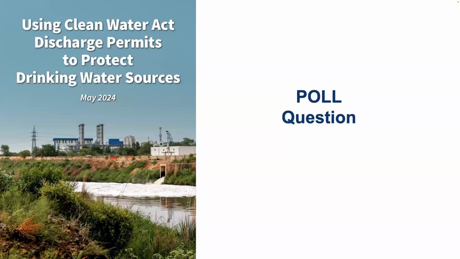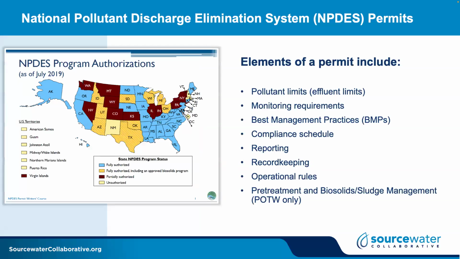I think I'm ready to go to the next slide. So some of the basic elements that must be included in a NPDES permit include, of course, any pollutant limits for specific pollutants. Those are called effluent limits in the NPDES permit.